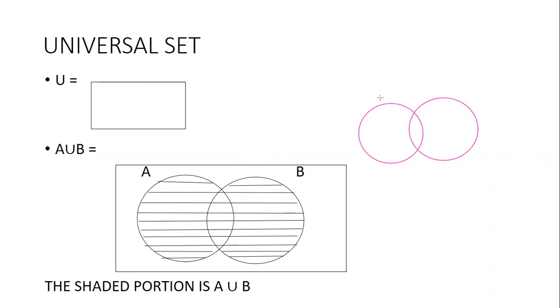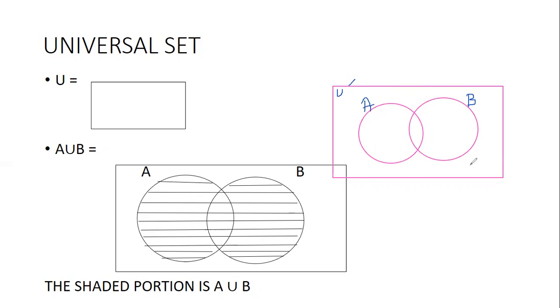This one is circle A and another one is circle B, and here we have a universal set. Now this is the universal set, that is this full one, and then this is set A, and then we have set B. Now this first circle is set A, the second circle is set B.